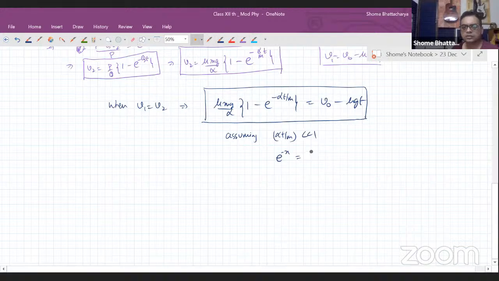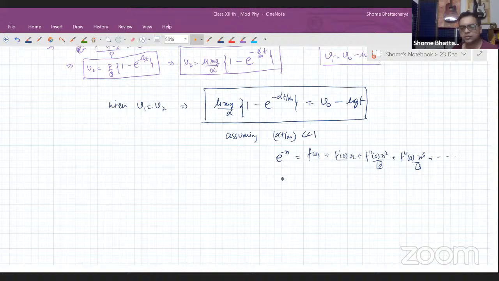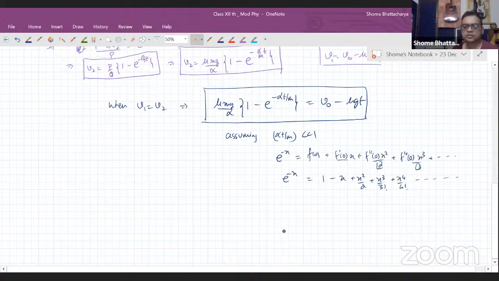So it is basically f naught plus f prime, and so forth, this kind of series.